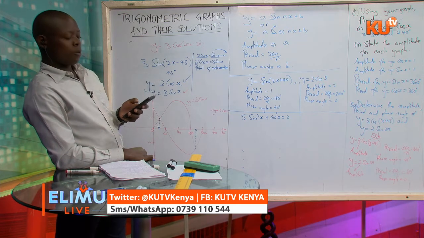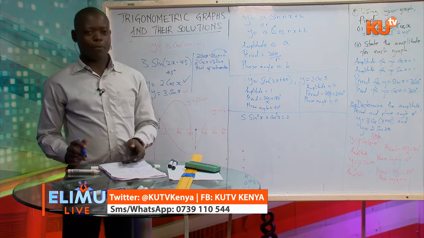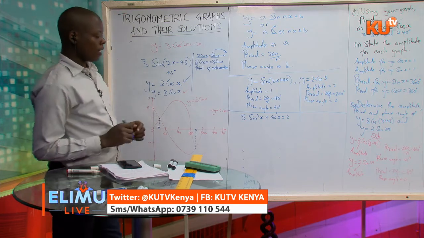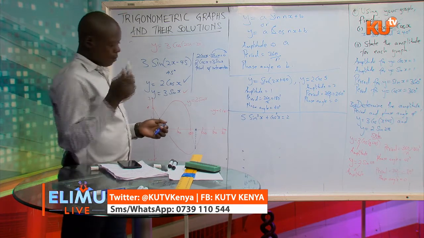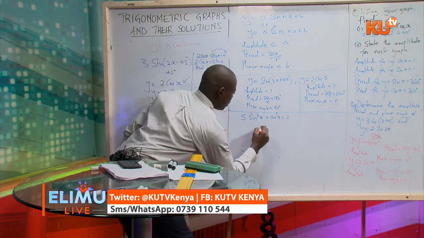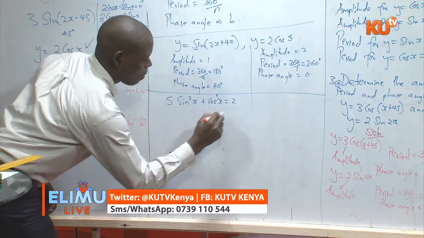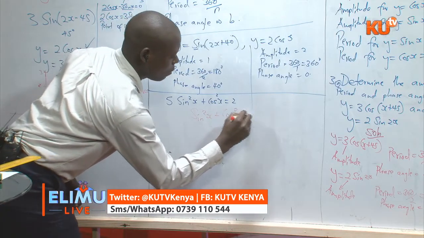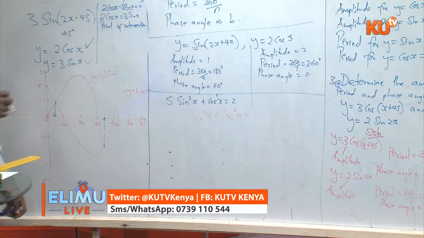And so we have to use what we call trigonometric identities. The first trigonometric identity, Emmanuel, which will be applicable here, is sine squared x plus cos squared x is always equal to 1.